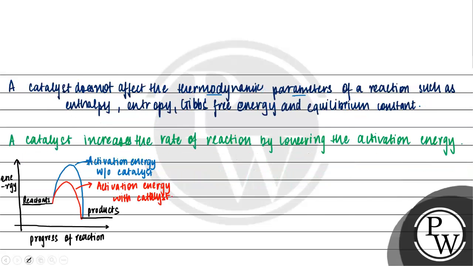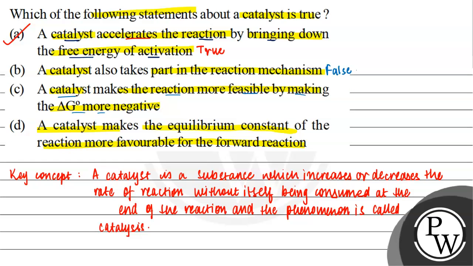If we talk about the last point, we can also say that a catalyst catalyzes both forward and backward reactions to the same extent to maintain the equilibrium state in case of a reversible reaction. So it is not necessary that it favors the forward reaction.